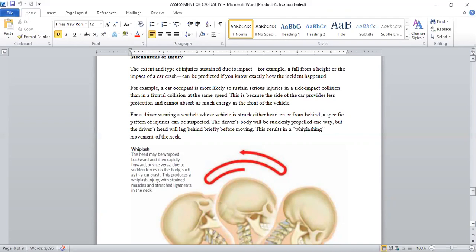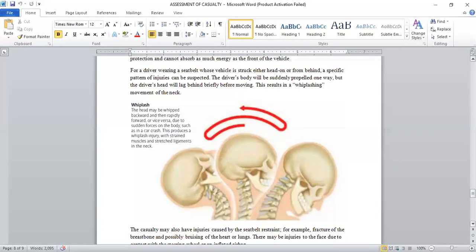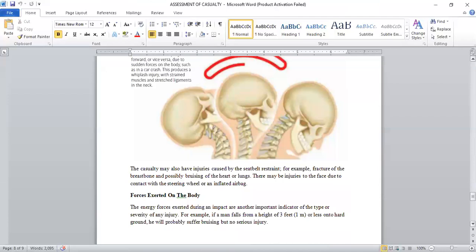If the spinal cord is affected, you don't need to move them. You need to leave them in that position. You even need to support their head to ensure that they remain in that position until medical help arrives, because once you move them, you worsen the situation. That's why it's very important to understand the mechanism of the injuries.